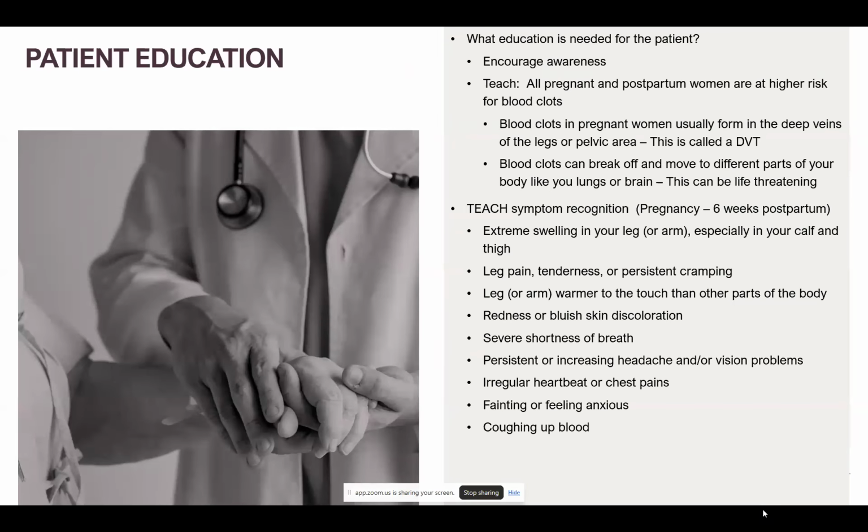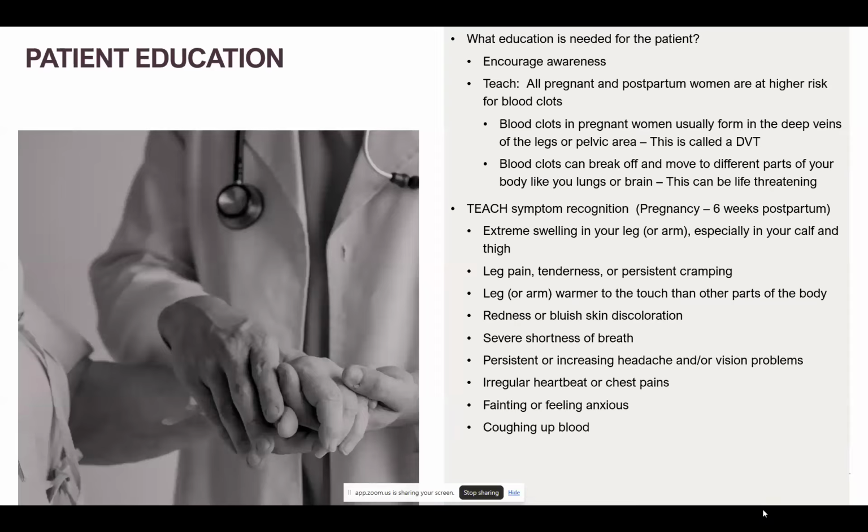And so that brings me to the next piece, which is the patient education. I know that I talked to you last time about all the urgent warning signs, and I 100% think that we need to give patients all of the warning signs, but this is keyed in specifically for that VTE education. So number one, encouraging awareness.